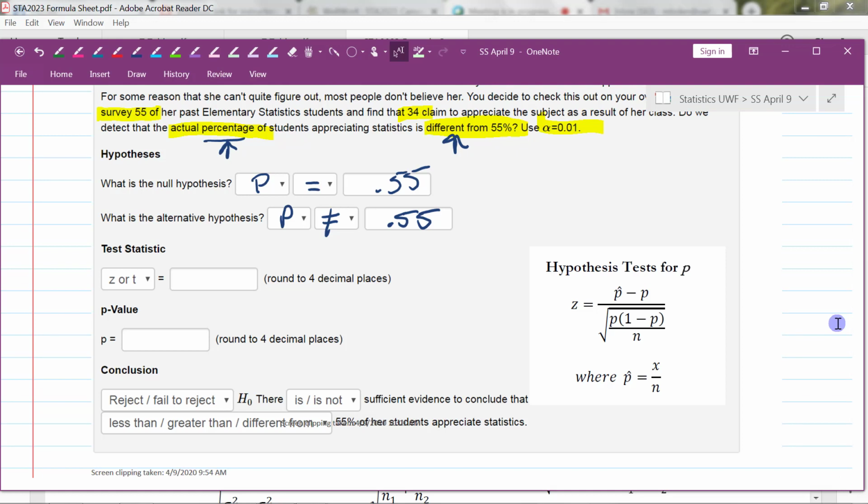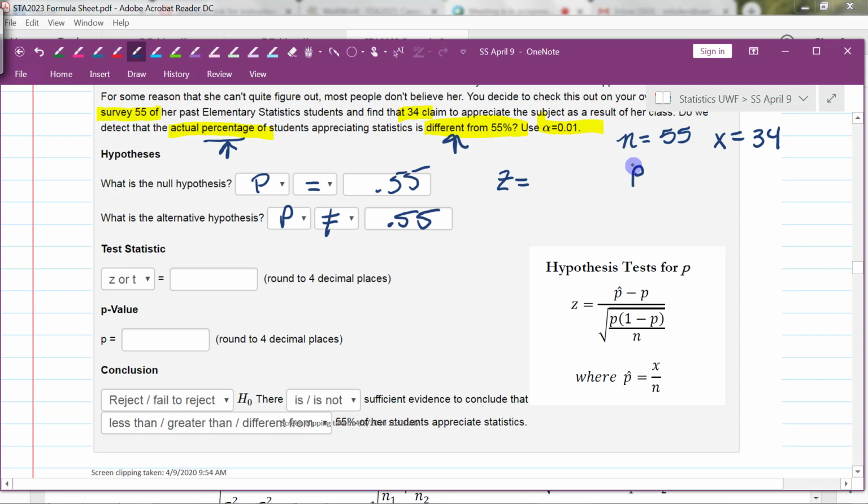And so we have z is going to be equal to p hat. Well, p hat is, let's see here, so n is 55. That came from right here. X is the number of students that claim to have been enriched or appreciated statistics. So X is equal to 34.